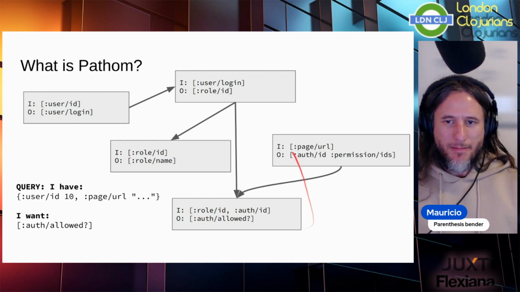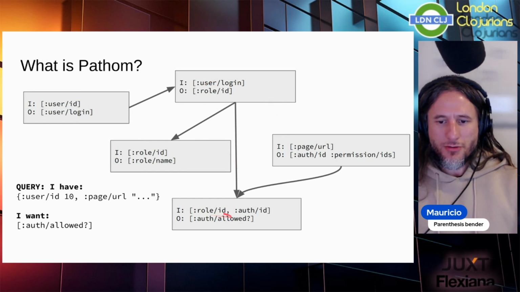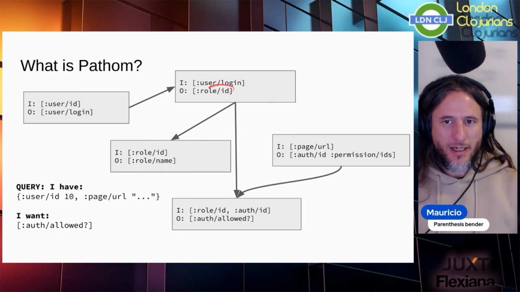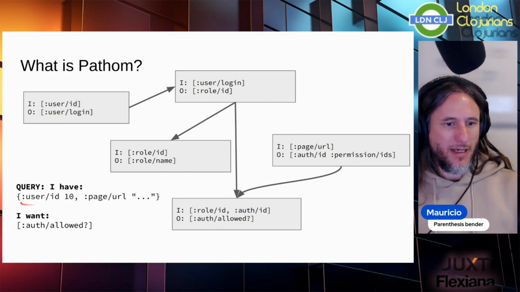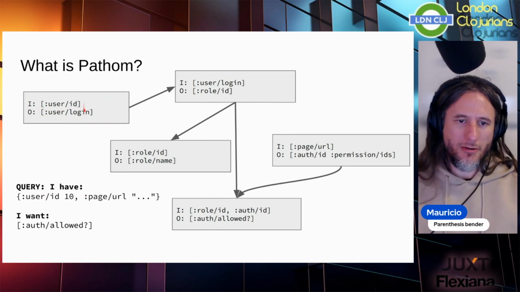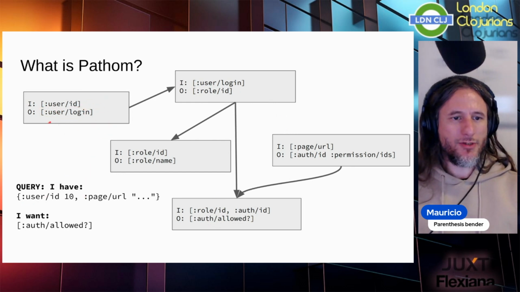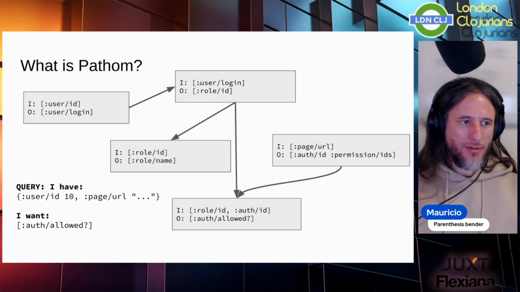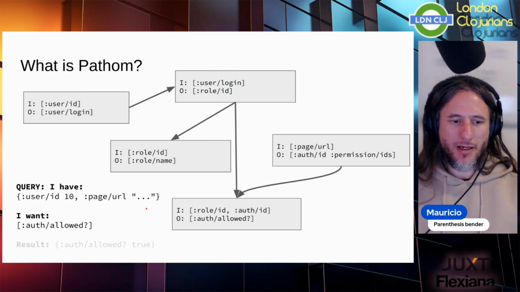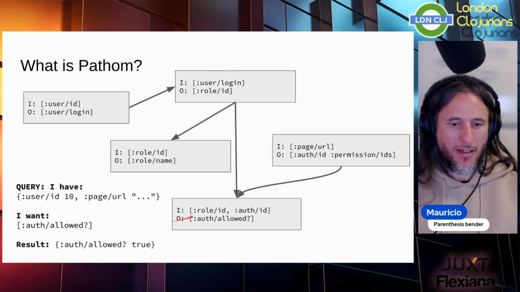So it will basically backtrack and say, okay, to do this, I need this. And to do this, I need this. And to do this, I need user ID. And I have user ID. So I will call the resolve function, get back the result. If the result contains the attribute, then it will call the second resolver, and so on until I get to the result that I am allowed to access that page.